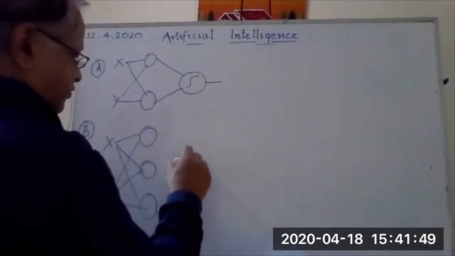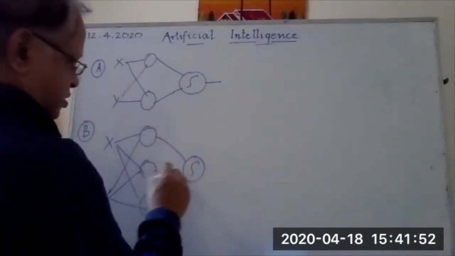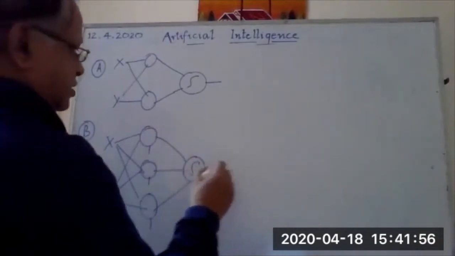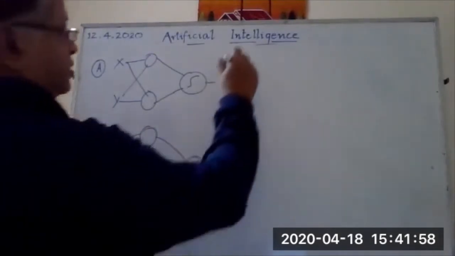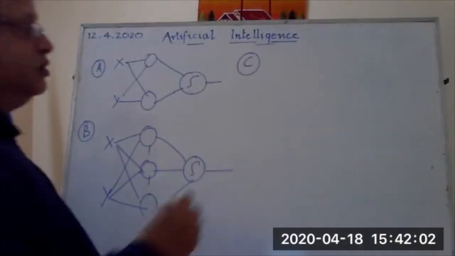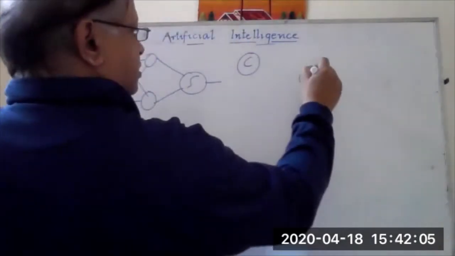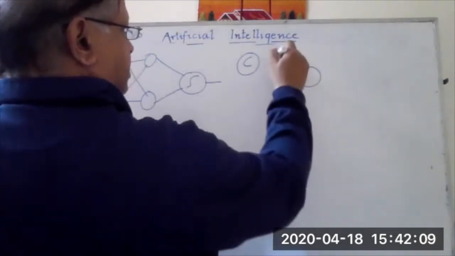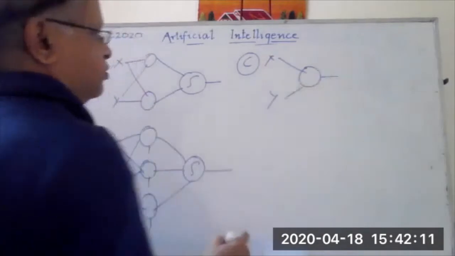Now one neuron comes out of it. These are all weights. There's one neuron that comes out. There's the C, which has one processing unit, X and Y, and outcome.